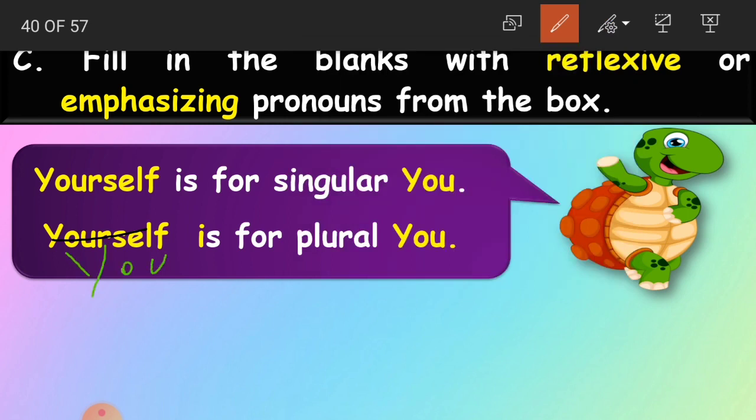Here it is not yourself, children. It must be yourselves. It is mistakenly printed here. Yourselves is for plural you. So when we are writing the reflexive pronoun, for singular you, yourself. For plural you, yourselves.